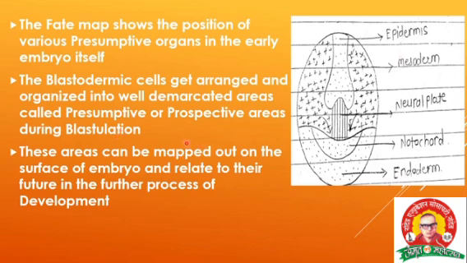During the formation of blastulation, all these positions, the presumptive epidermis, mesoderm, neural plate, notochord, endoderm, are set during the blastulation phase. These areas can be mapped out on the surface of the embryo and related to their further process of development.